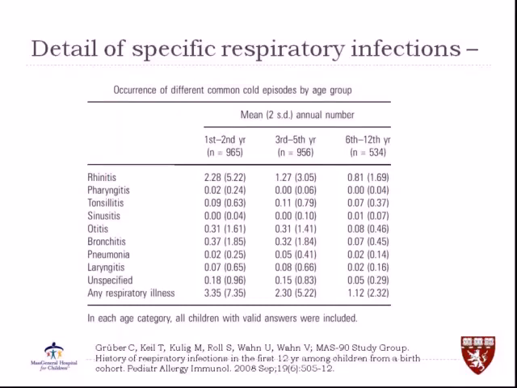Before I move on to the next slide, I just want to talk to you about sinusitis per se. So sinusitis should always be a red flag. There's something wrong if you clinically diagnose sinusitis in the first 1 or 2 years of life. Sinusitis is not common, not the allergic sinusitis, but the bacterial sinusitis.